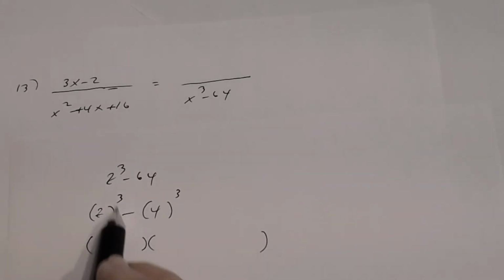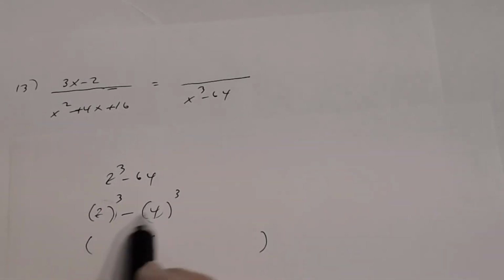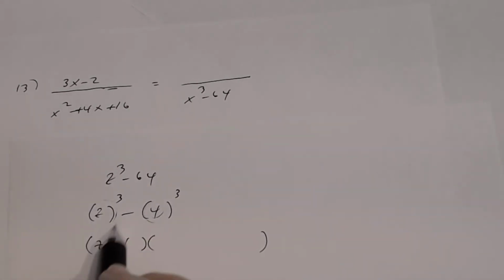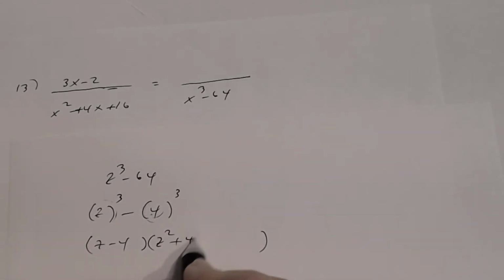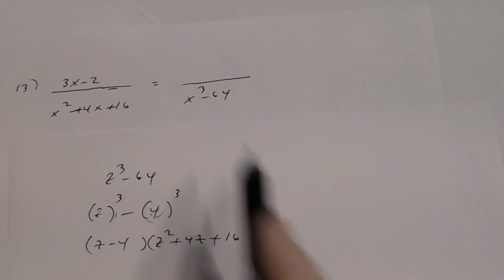And that binomial is just this part here, z minus 4. The trinomial is where you take the expression that's in the first parentheses and you square it, and then plus, because that's always the opposite of this sign, the product of what's inside the parentheses, so z times 4 is 4z, plus, and then the last squared. So 4 squared is 16. All right, so that's what this is.